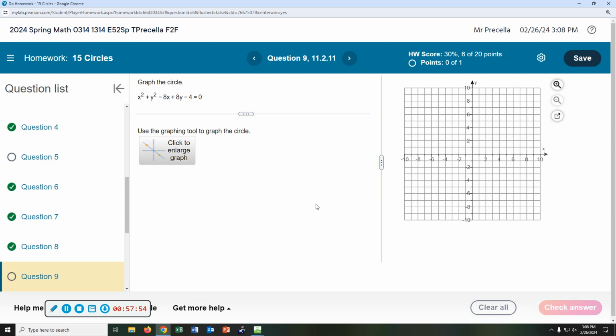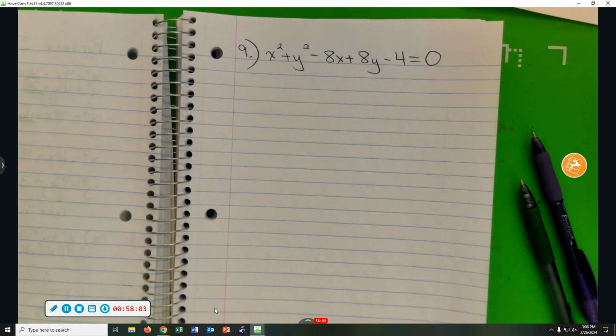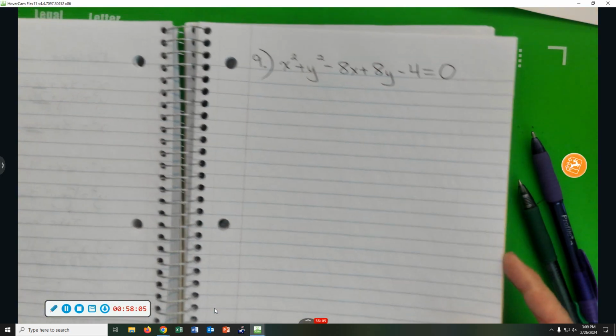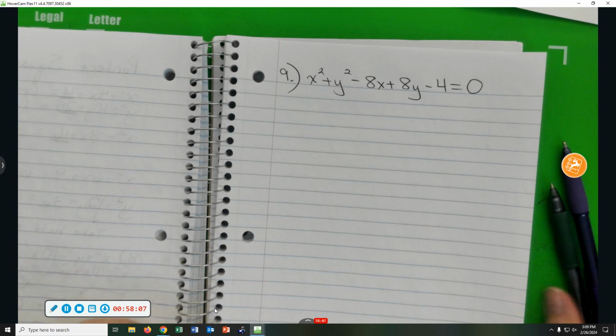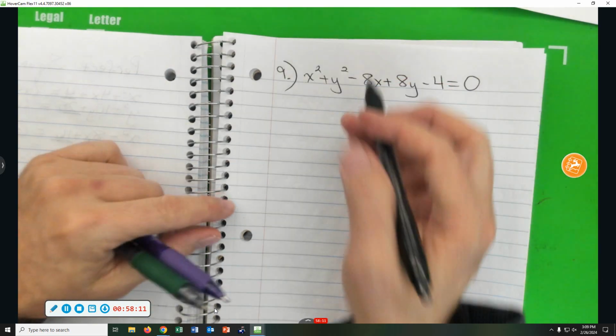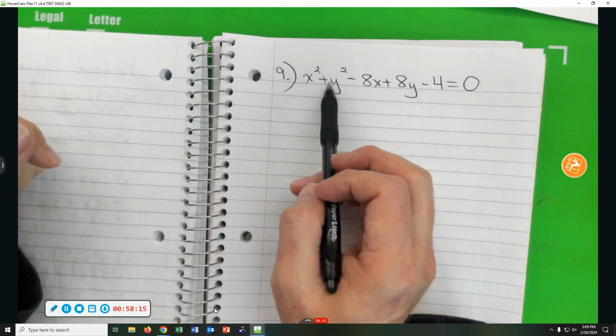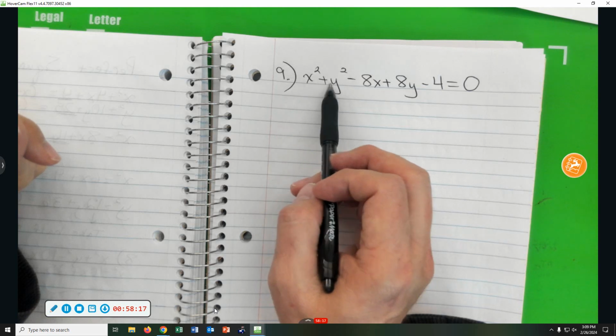X squared plus y squared. Group the x terms together. First of all, what's the leading coefficient? Just a 1.